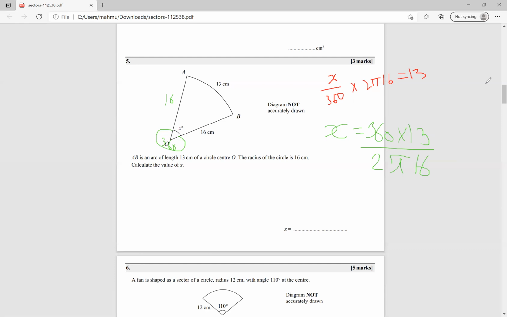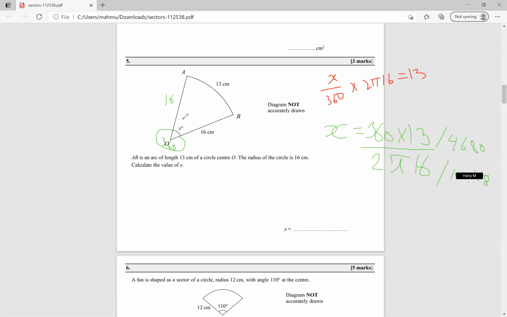So 360 times 13 is 4,680. Do it on a calculator. Then you could find the angle of x now. Divided by 2 times 3.14, 6.28, times 16, which is 100-something.